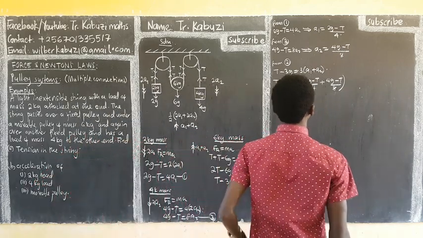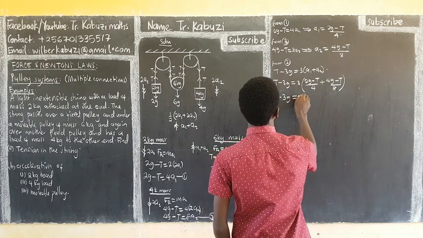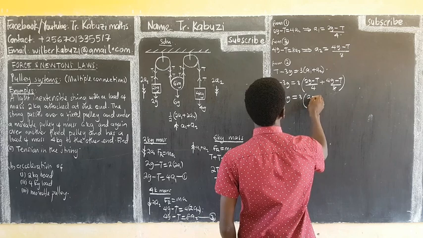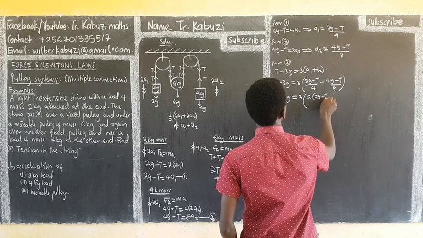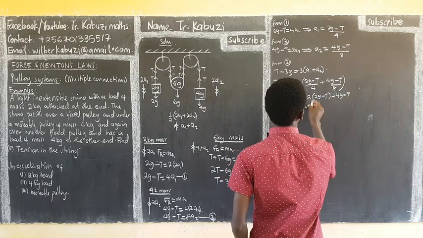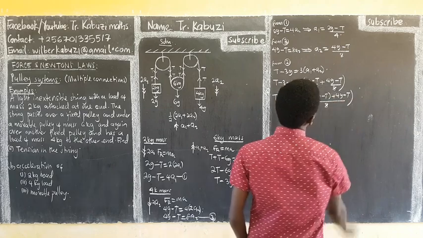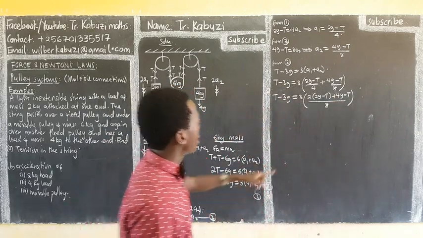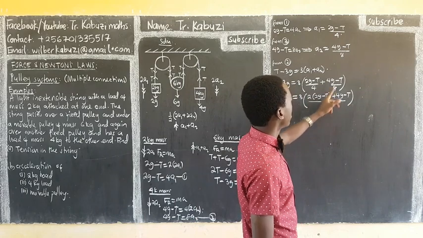You see, this one there is going to be 8, so t minus 3b equals 3 into 2 into 2b minus t, then plus 4b minus t. Using the LCM, this one goes here, 2 times, and this goes here, 1 times that.